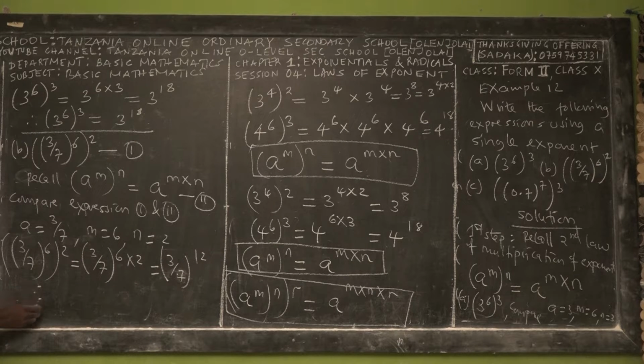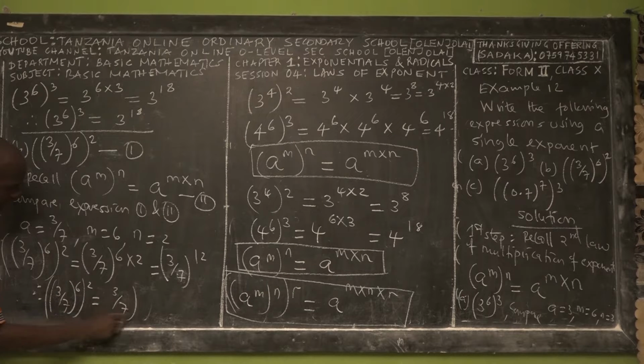So therefore, 3 over 7 power 6 power 2 in a single exponent is equal to 3 over 7 power 12.